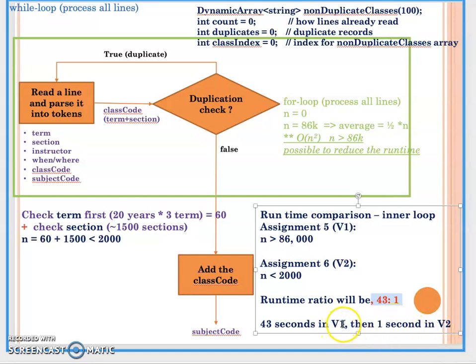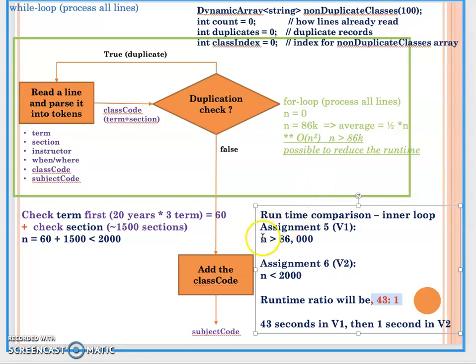But in V1, say not everyone finishes within 1 minute, right? So no matter what, say you finish in 3 minutes, maybe we just say this times 4. Then you see in V2, you will finish in 4 seconds. Okay, so that's the runtime we are expecting.